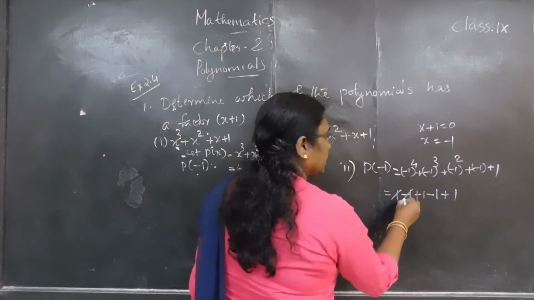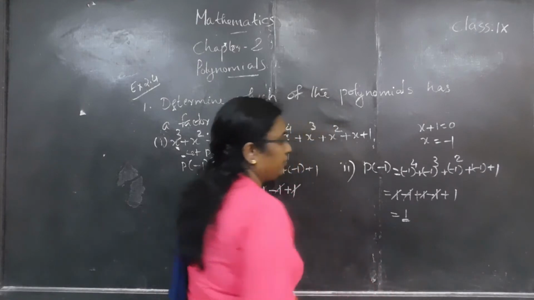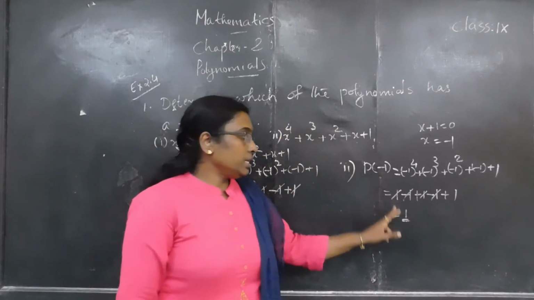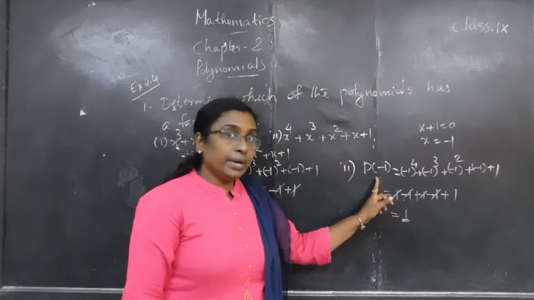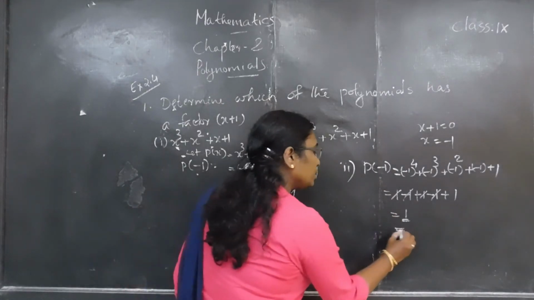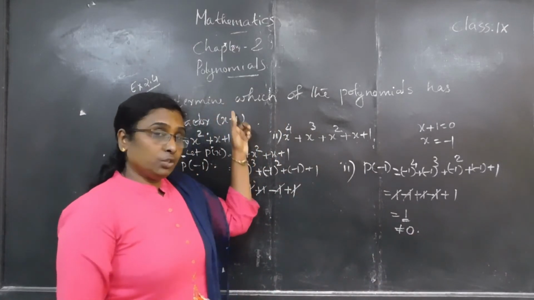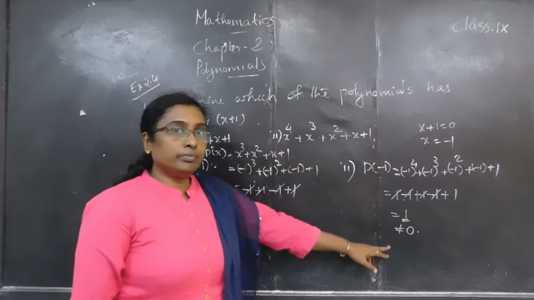Here 1 minus 1 gets cancelled, plus 1 minus 1 gets cancelled. The answer is 1. That is, P(minus 1) equal to 1 means the remainder is 1. The remainder is not equal to 0. If x plus 1 is a factor of this polynomial, the remainder should equal 0.